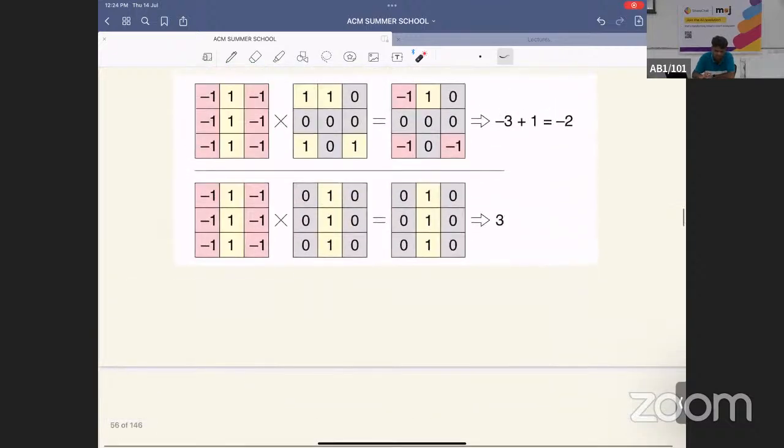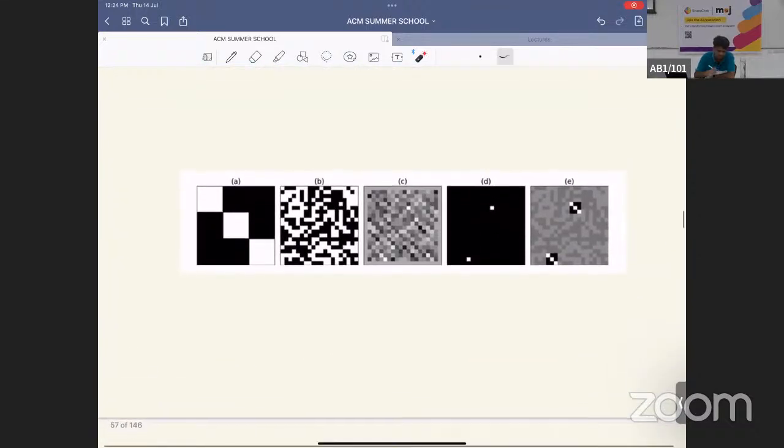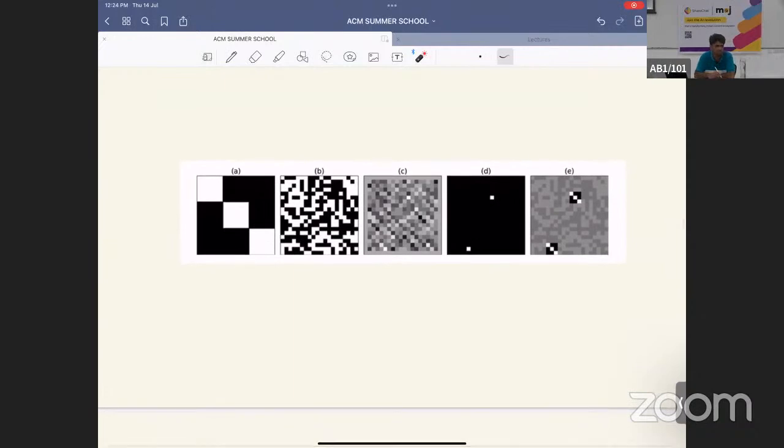So next, let's do one more example. Let's have this as the filter kernel. This is a shared filter kernel or the weight, and this is the input. This is the convolution output, and we pass it through a nonlinearity or activation.